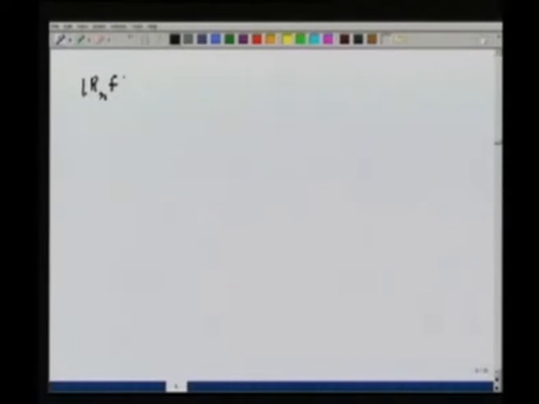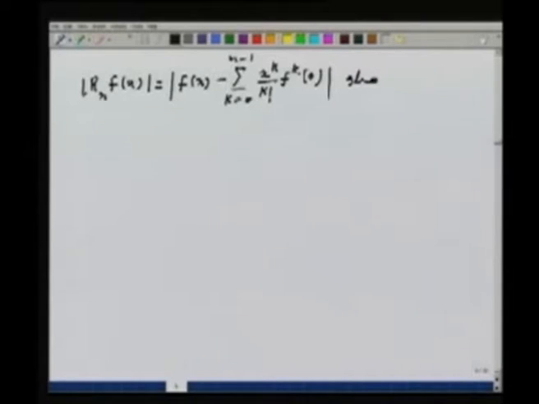So for the convergence of the Taylor series, what we have to look at is mod R_n f(x), which is the same as the modulus of f(x) minus summation k from 0 to n minus 1 of x to the power k by factorial k times f^(k)(0), and this should go to 0 as n goes to infinity.